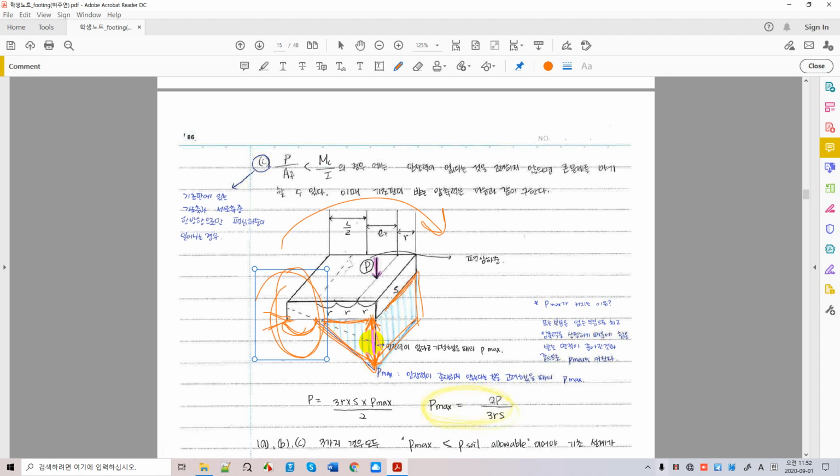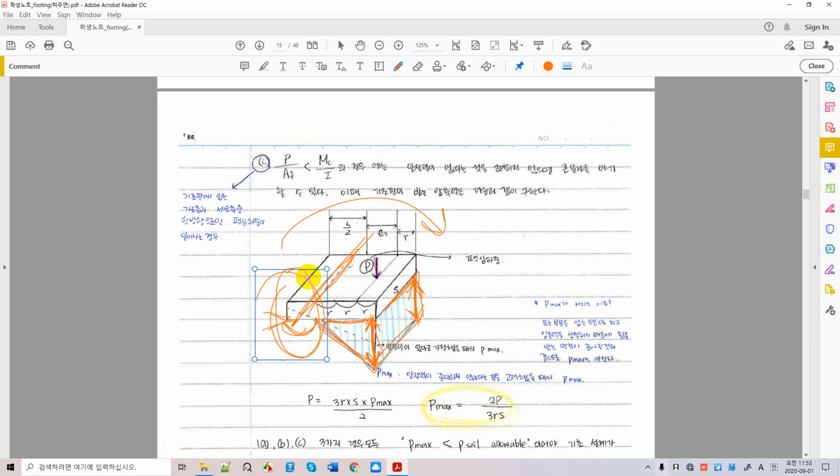Now, how can we calculate the soil pressure on this particular stress block? Let's just assume that this is the boundary where soil goes into compression or into tension.